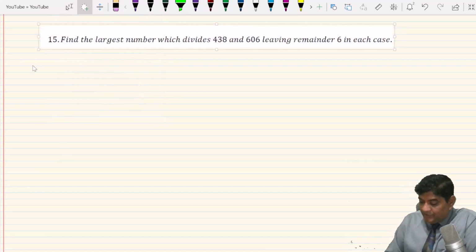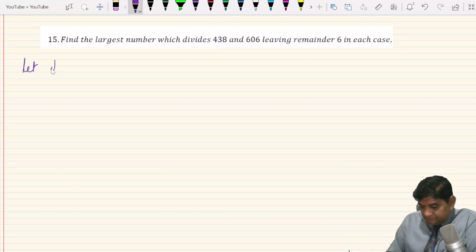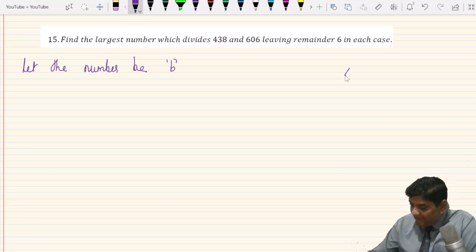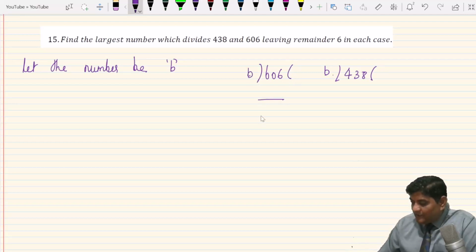So what am I going to do here? I'm going to say, let the number be some number b. So what does the question say? I'm supposed to be dividing 438 by this particular number b, and also 606 by this particular number b, and the remainder in both cases should be 6.